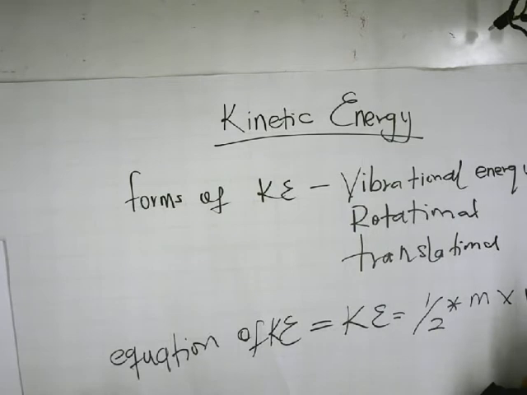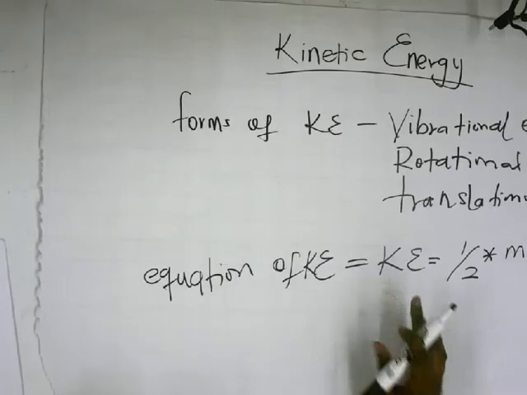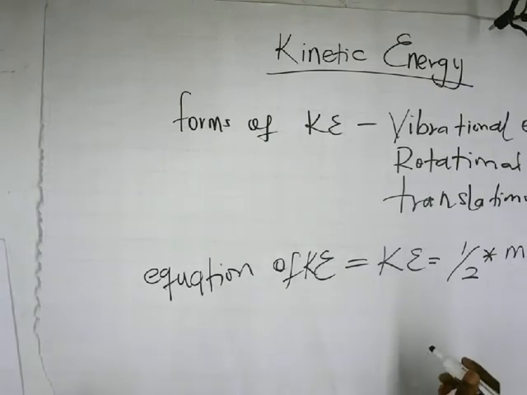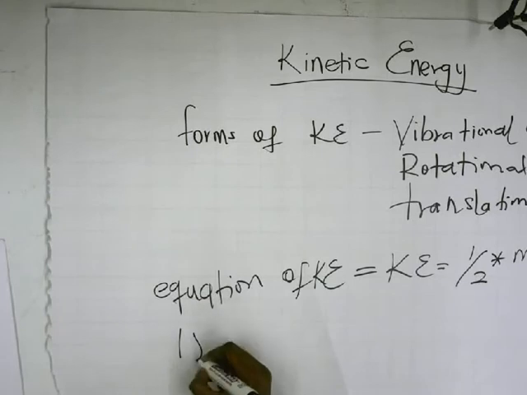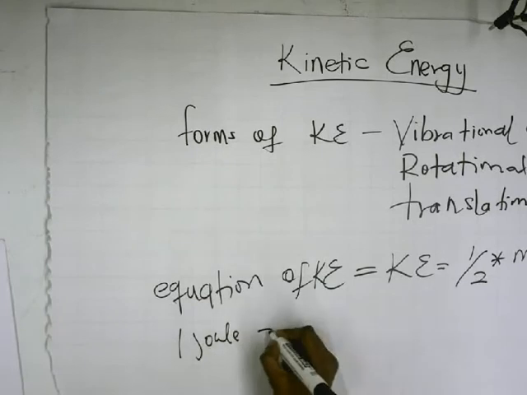The standard metric unit of length is meters, and time is seconds. So the SI unit for kinetic energy is the joule: 1 joule equals 1 kilogram times meters squared divided by seconds squared.